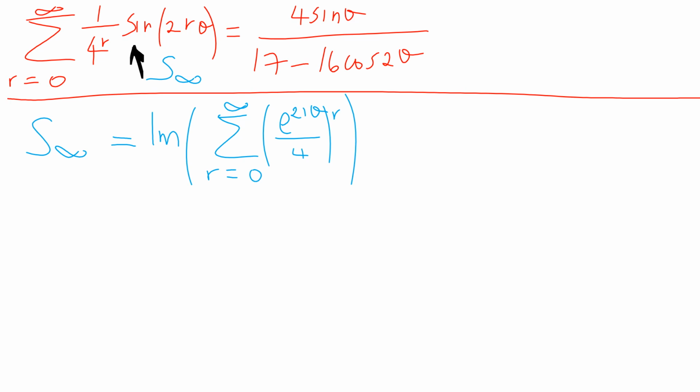But we know that it converges, so the formula should stay constant: a over 1 minus r. The common ratio here, we had it.